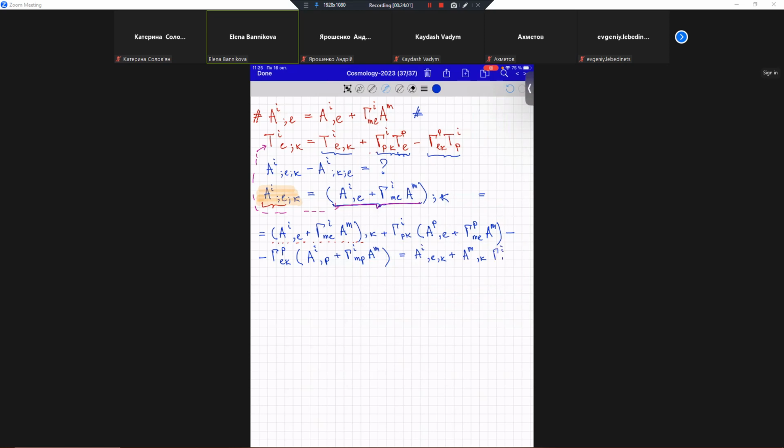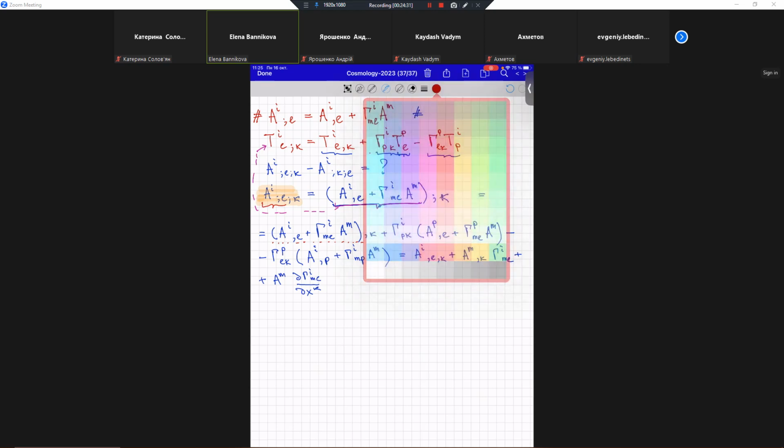Gamma I M L plus A_M, and I even write like this, d gamma I M L by dx^K. This is the second, this one.